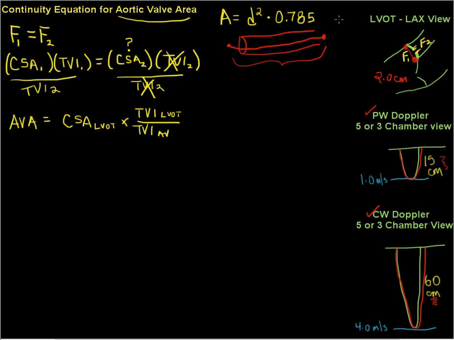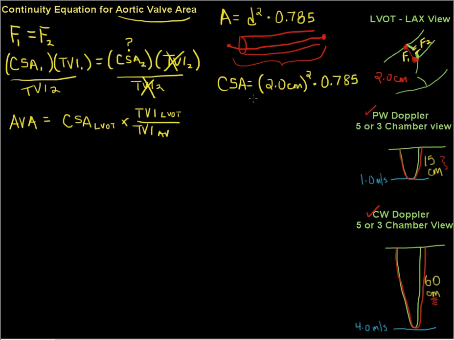So let's go back to calculating here. We said that cross-sectional area is equal to diameter squared times 0.785. So we'll take our diameter, which we said was 2 centimeters, square that, and multiply it times 0.785.